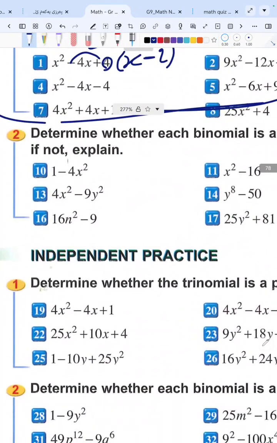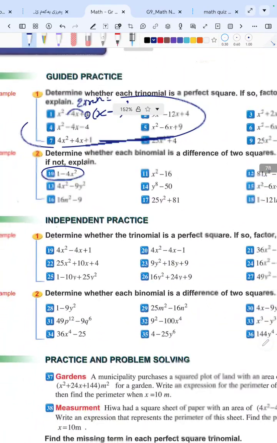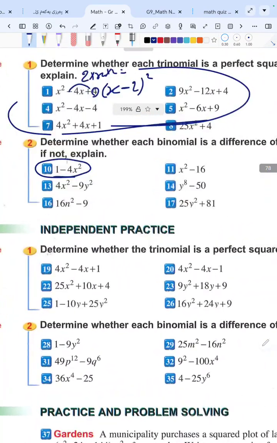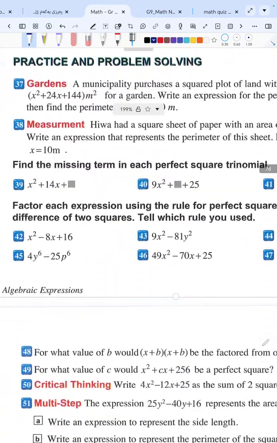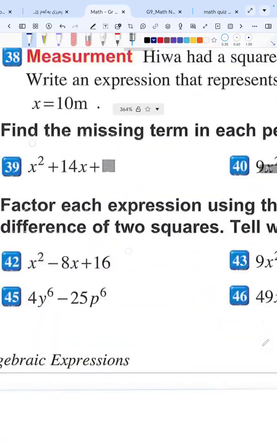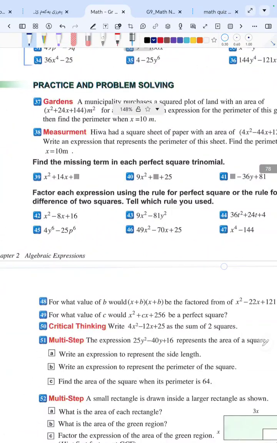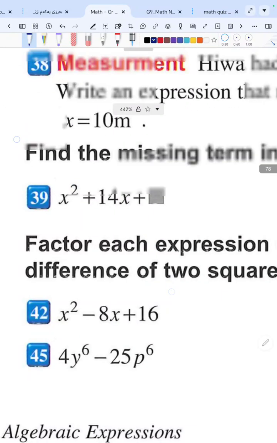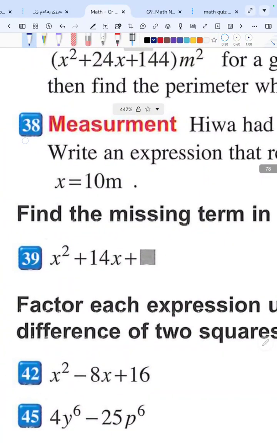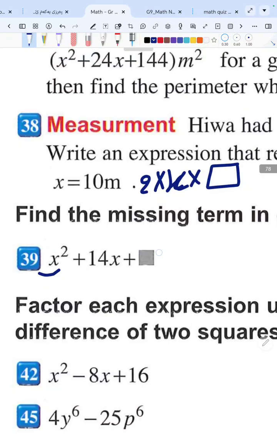Now, this one you have to recognize if it is a difference of two squares. Yes, it consists of two terms and there is minus between them. How can you find the missing term? For example, always use the rule 2 times the factor of the first one, it's x. The factor of the last one, we don't know.